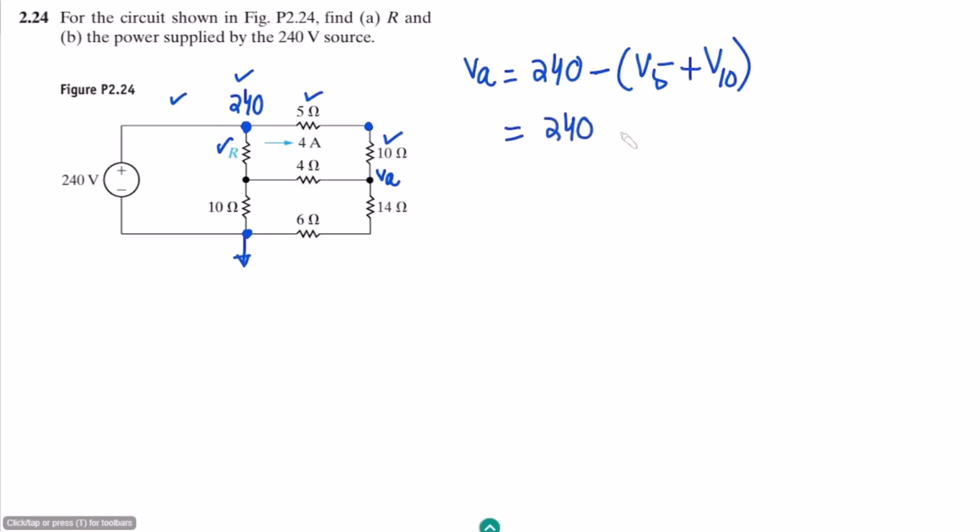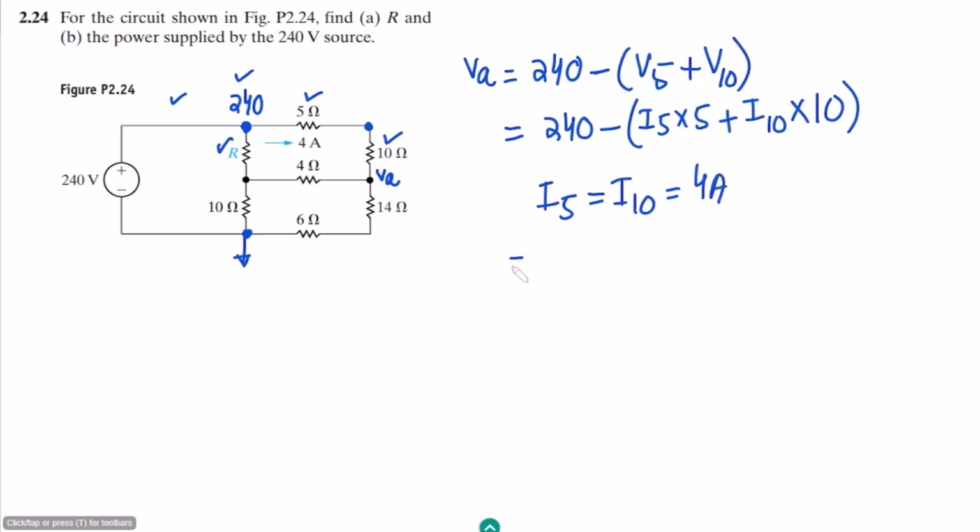Let me find them. It will be 240 minus I5 multiplied by 5, according to Ohm's law, and similarly this one will be I10 multiplied by the 10 ohm resistance. We can see very clearly that I5 is equal to I10, as these two are in series, so this is 4 amps. So let me write these values.